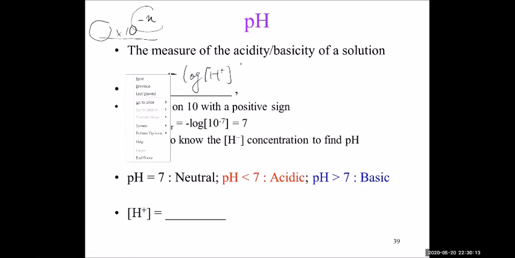By doing this, we get a number that is more manageable. It's typically between 0 and 14, much easier than a very small number with an exponent. Sometimes people get lost, get confused, and don't know how to use a calculator. By doing this, the number you get from the concentration is typically between 1 and 14.